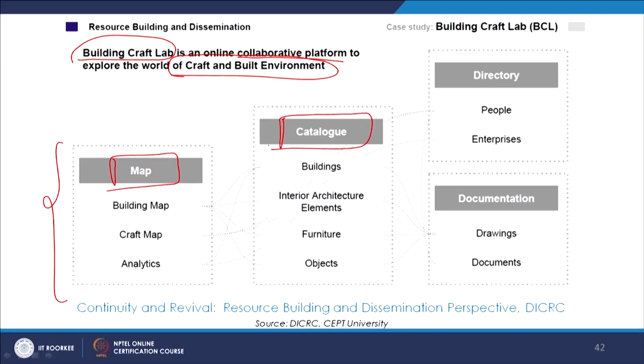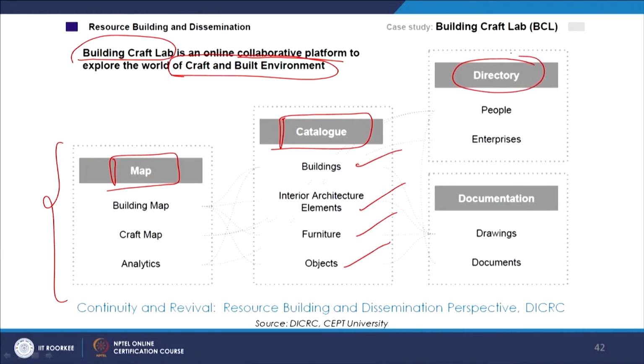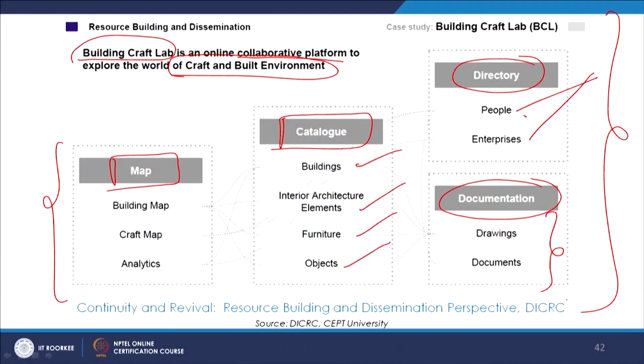All the catalogs that we were seeing in the international context, they have tried to do something like that for the Indian scenario, and it's very significant. All these elements in buildings have been documented, and then there is a creation of a directory which has information on people and enterprises, and then there is a documentation part, and this entire resource hub is open to all and it is accessible. That's the most important takeaway from here.